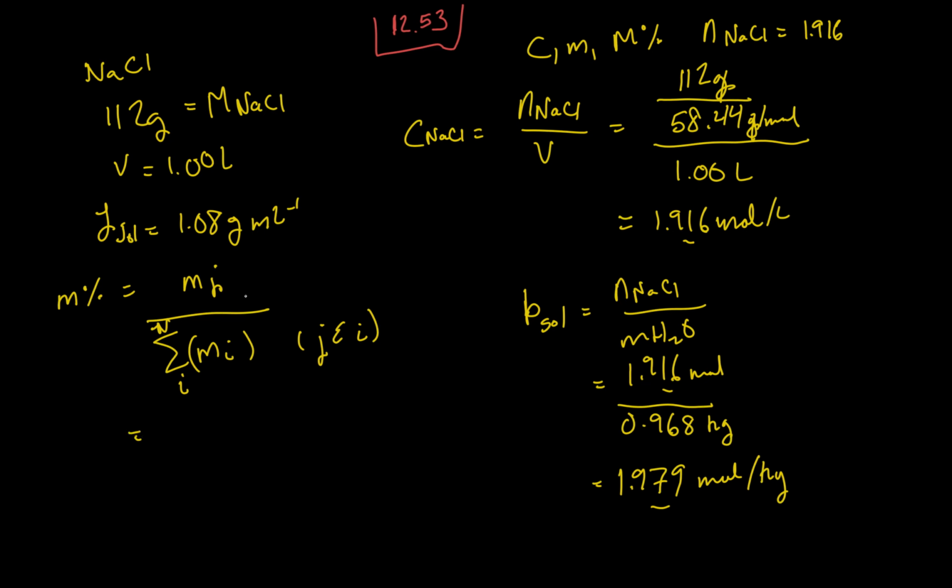So it's our total mass, which was 1,080 grams. That's what we had before we subtracted the 112 away to get the 968 grams. So we divide 112 grams of sodium chloride by 1,080 grams total in the solution, and multiply by 100 because we're looking for a percentage.